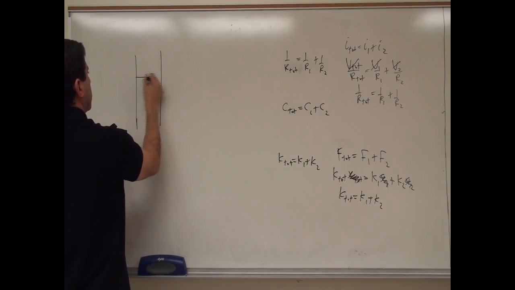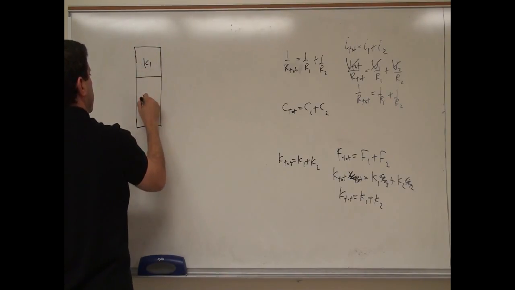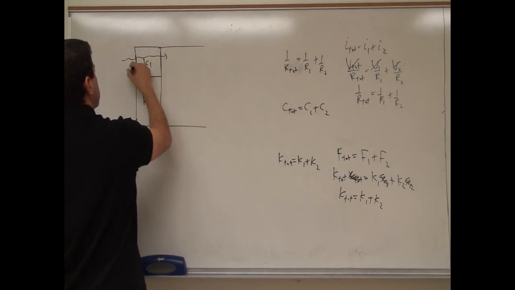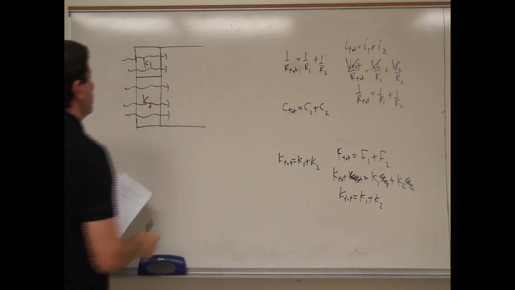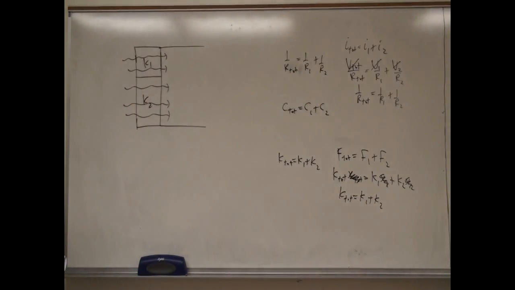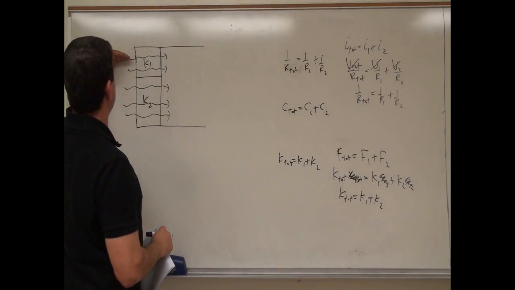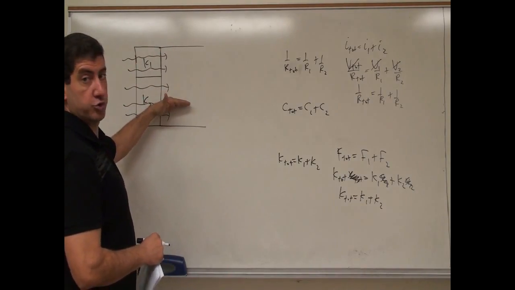Imagine there's a heat conductor like this, K1 and K2, and the heat is coming in like this. So what is the same and what is different? Well, in this case, the power flowing through the top plus the power flowing through the bottom is equal to the total power.